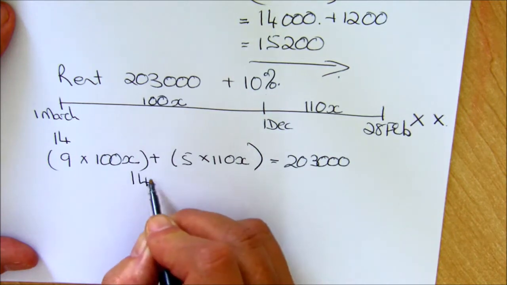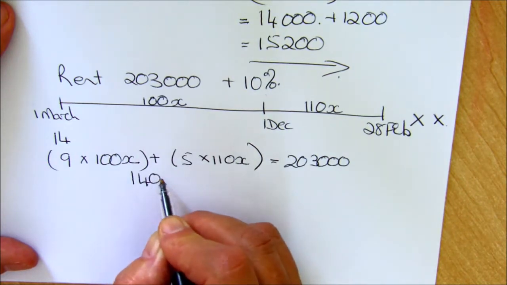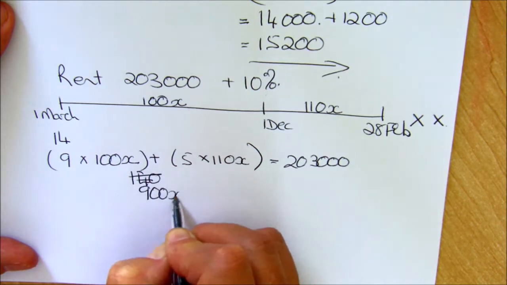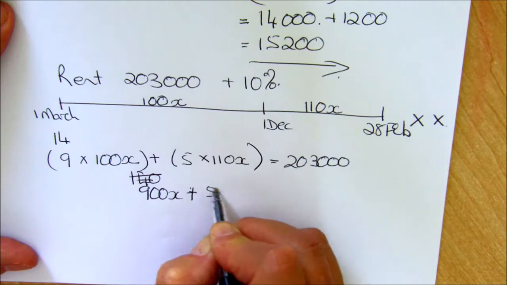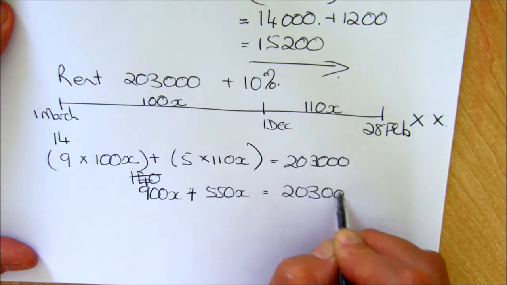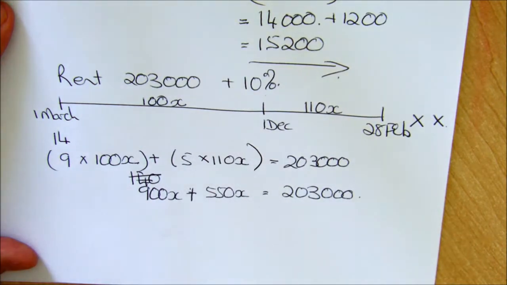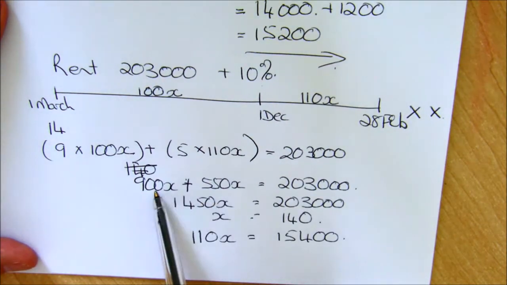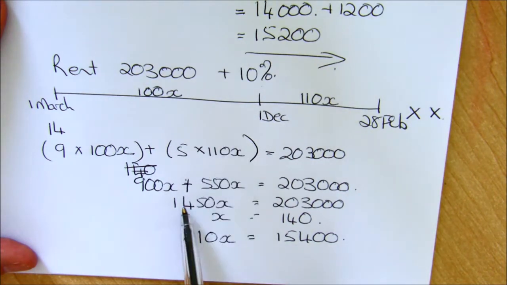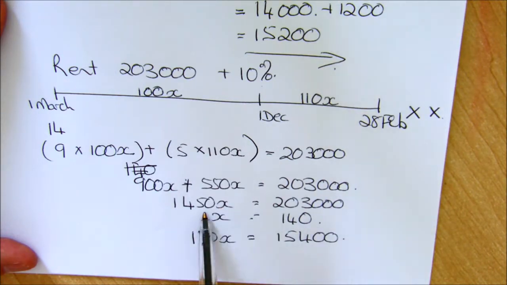So again, we've got 900 x's, my apologies, 900 x's plus 550 x's equals 203,200, and you solve for x. So 900 x's plus 550 x's, because remember it went up by 10%, so you got 1450 x's equal to that. Solve for x, so by dividing by 1450, and so x is equal to 140.